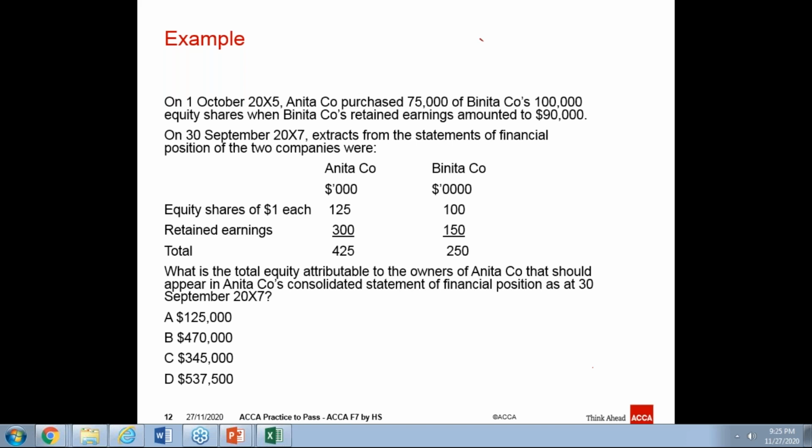So there's an incremental post-acquisition profit of 60,000, for which we have to take 75% share. So 60,000 into 75% share becomes 45. And when we add this 45 to 325, we get the value of 470. So this is how we have calculated the amount of 470.